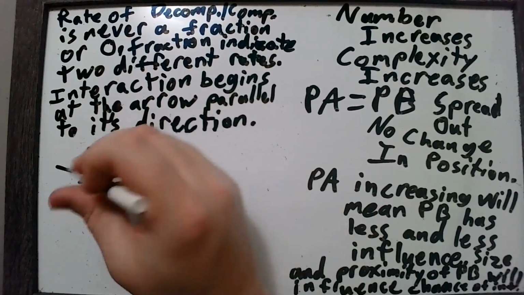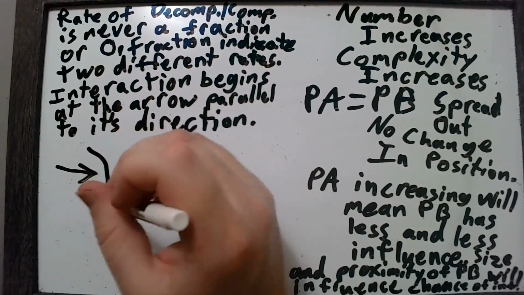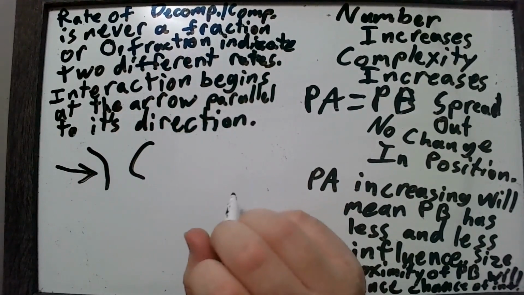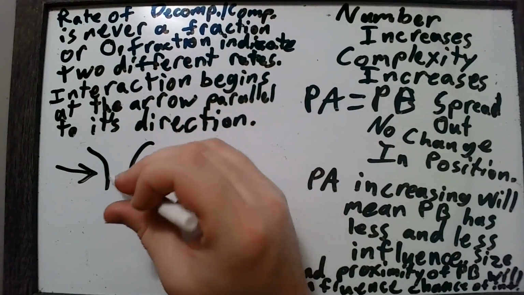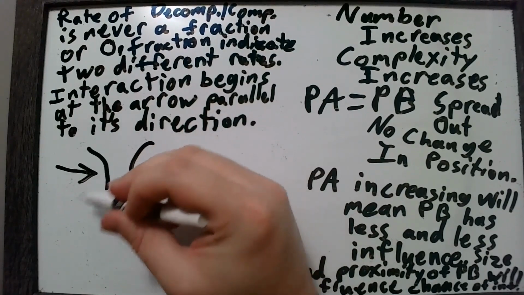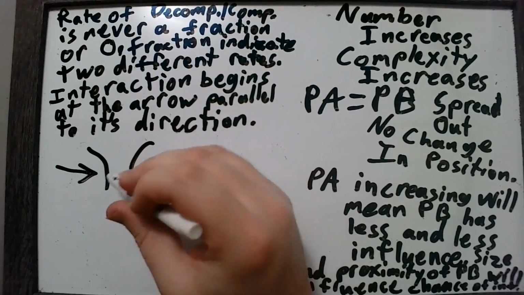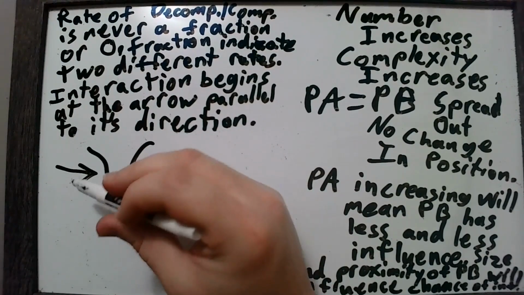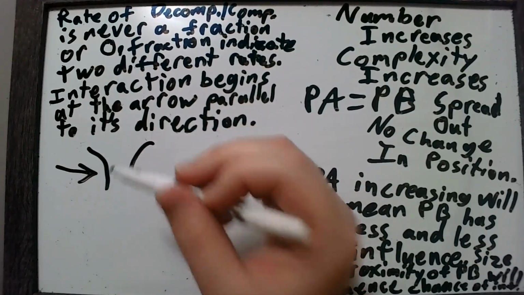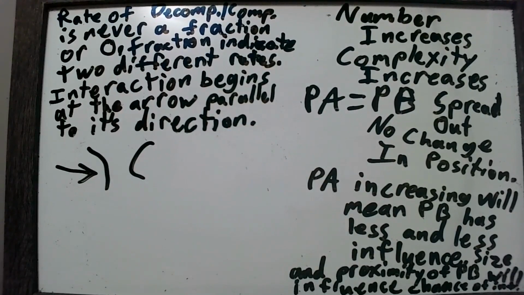Then you take the arrow that indicates the direction, and that is going to be your first contact point. All right? And every subsequent parallel point that that arrow is attached to is going to be your next interaction point. All right? That's the way that the universe considers things.